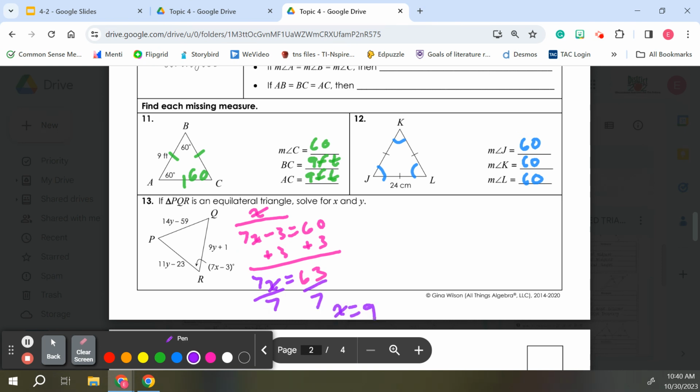So there's X. I can easily solve for that, substitute it in, and as long as I get 60 degrees back, I'm good. Now for variable Y, you have some choices here. Because this is equilateral, you can set any of those equal to each other. It does not matter which two you choose. I'm going to choose 14Y minus 59. I'm going to set that equal to 9Y plus 1.